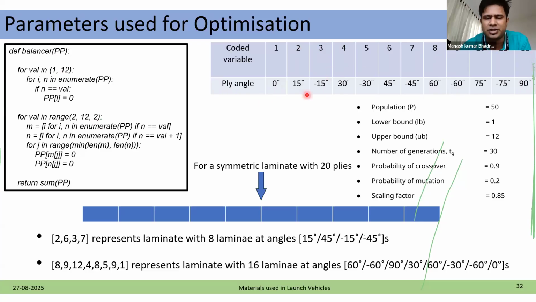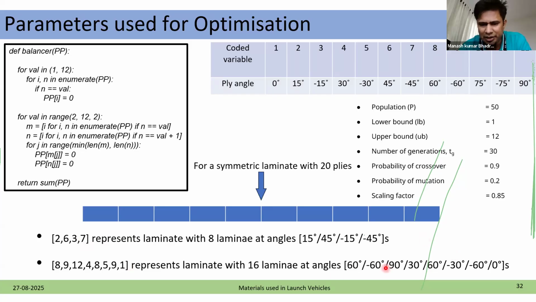There is no minus 90 or minus 0 because they are the same as 90 and 0. Once this coding is done, suppose we have a laminate of 15 degree, 45 degree, minus 15, minus 45, it will be represented by 2637 and S, for symmetry.